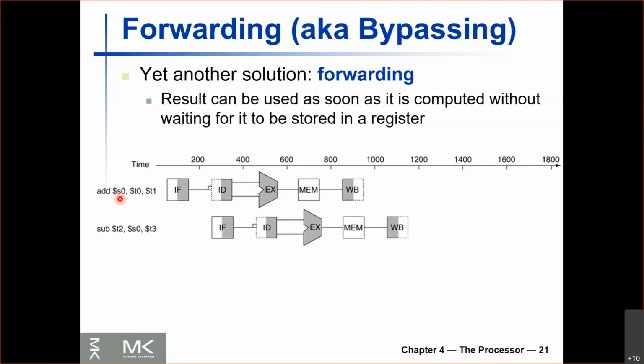When do we know, after what stage do we know the value of S0? Right, so after the execute stage, the value of S0 is available. We know what the value of S0 is over here, even though we haven't written it back to the register file. Okay?